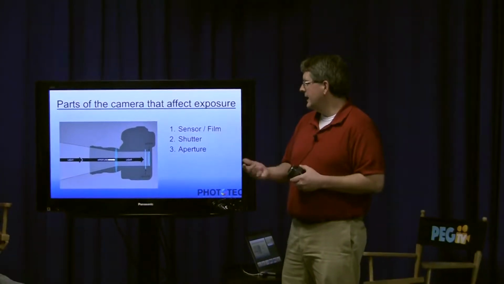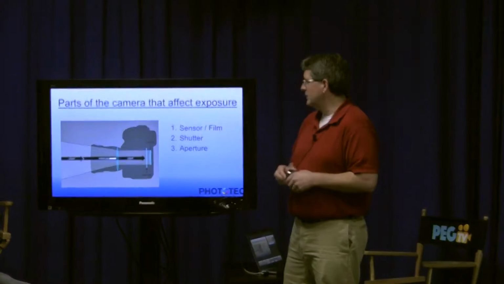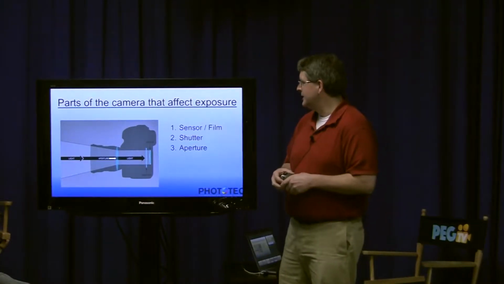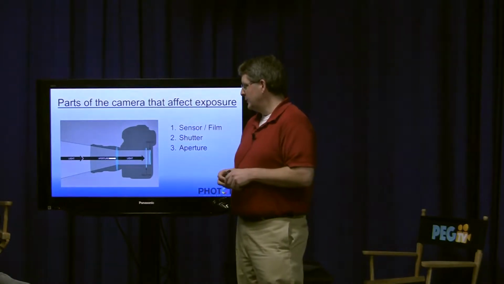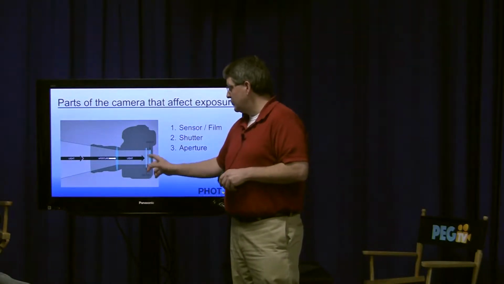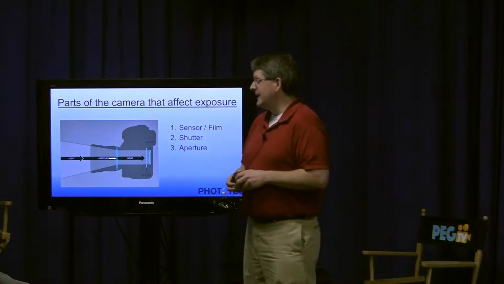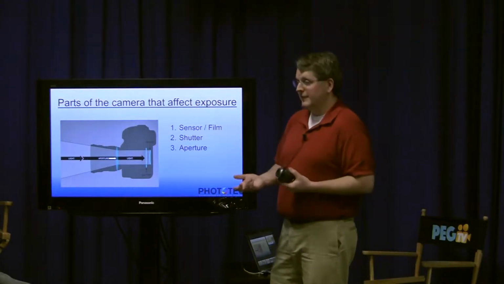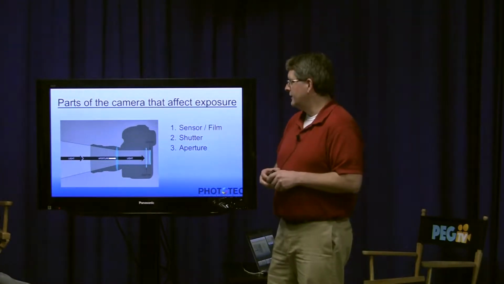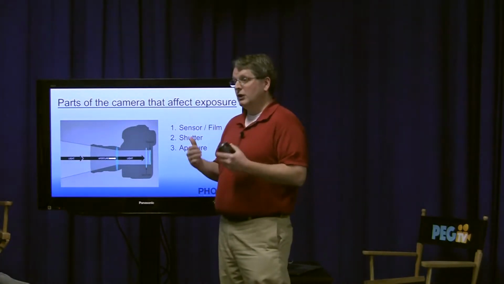For many systems we're seeing sensors now, film not so much, but I do make this for film users as well. The second is the shutter, which for some digital systems, especially in video, isn't used as often, but there's still an electronic version of it.